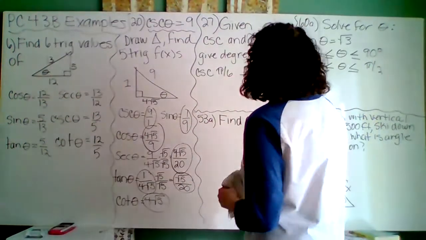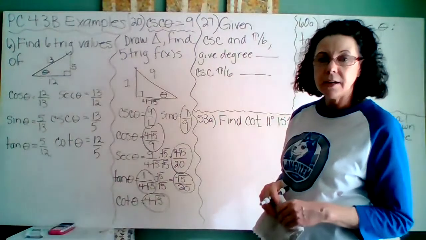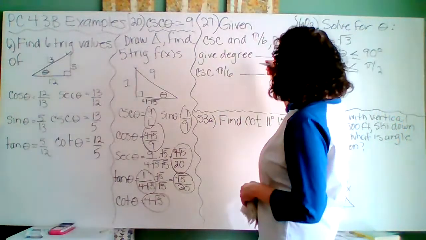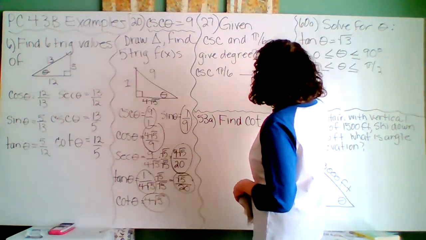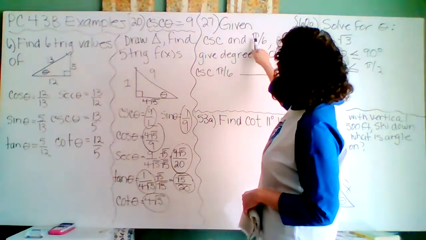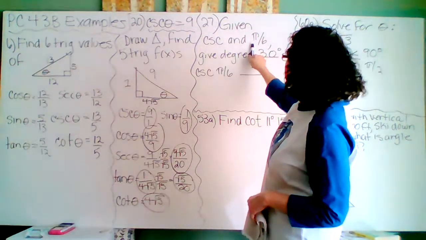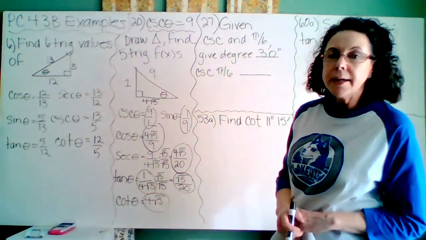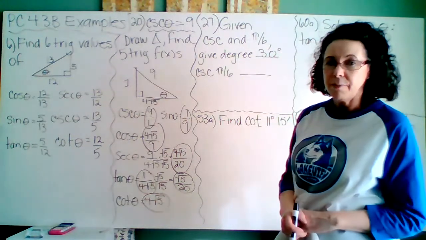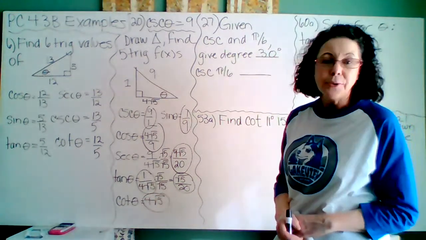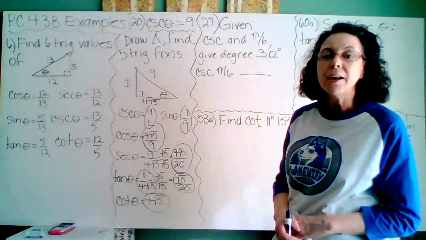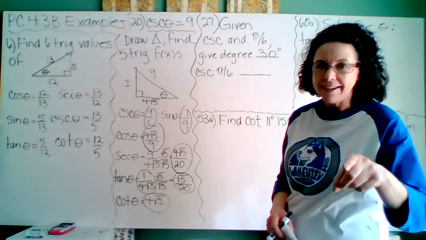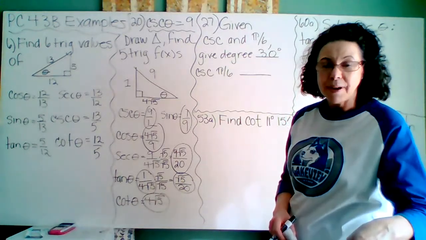Okay, first of all, I do know when we did section 4.1 that pi over 6 is 30 degrees. How do I get that easily? Pi is 180, right? So 180 divided by 6 is 30. Now, what is cosecant of pi over 6? I don't know. I can't keep that in my head, but what I can keep in my head is sine of pi over 6.